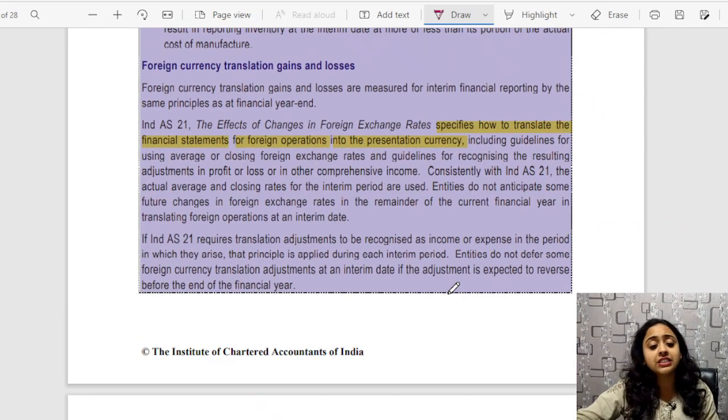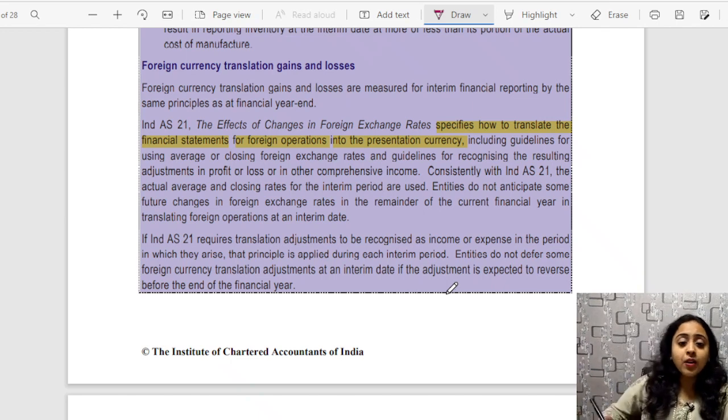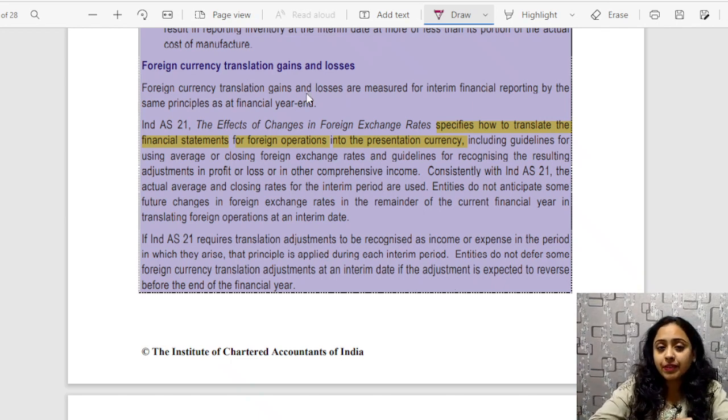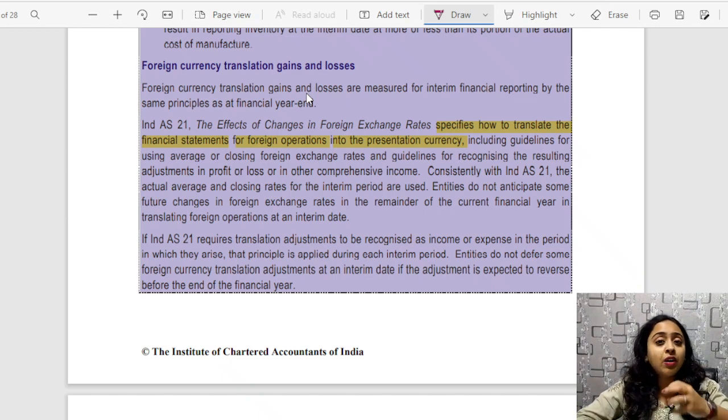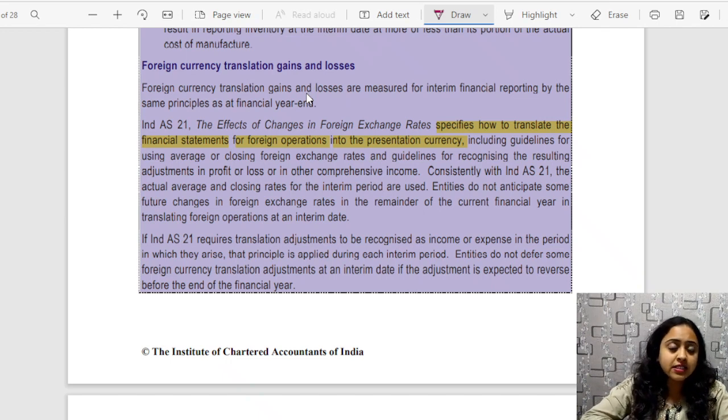Foreign currency translation gains and losses. Okay, what are these? For example, if you are buying and selling in foreign countries and from foreign countries, then there are at times debtors, creditors, and income and expenses in foreign currency.